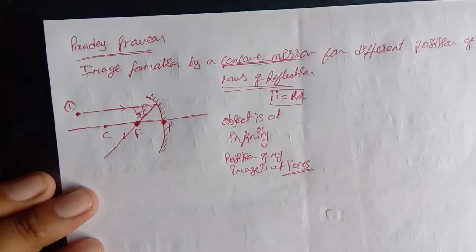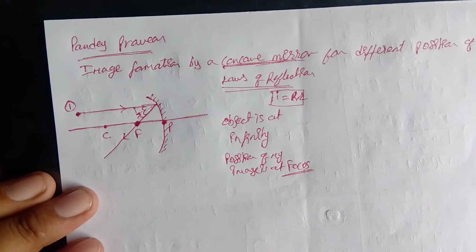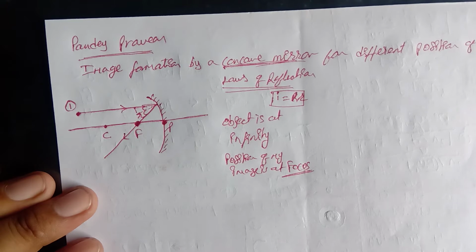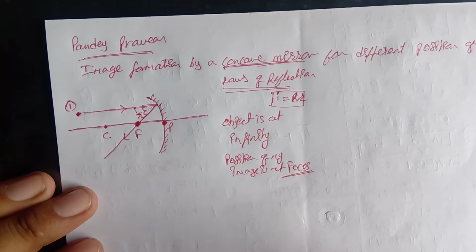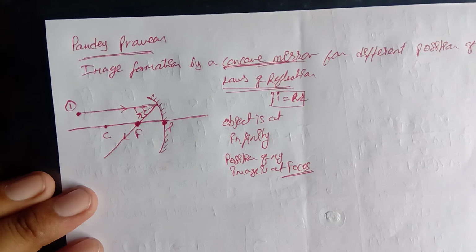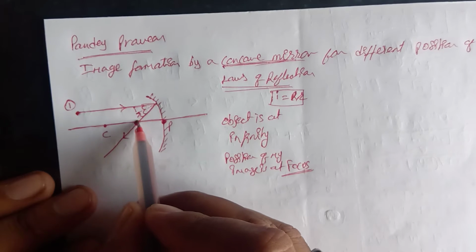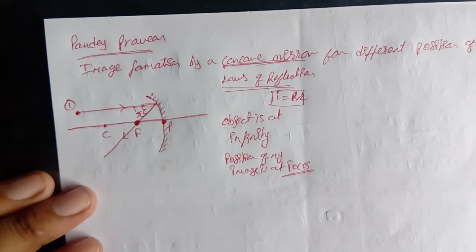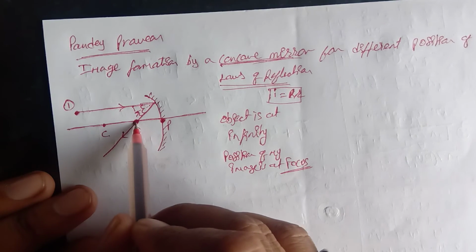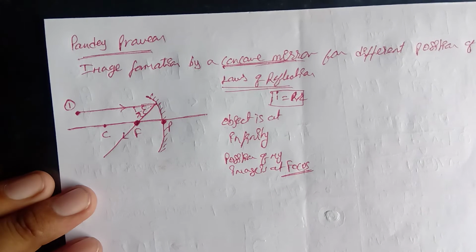Now since it is at focus, the size of the image would be very small, but the image would be real and inverted. So in this you should remember only the first basic point, that the image would be at the focus.